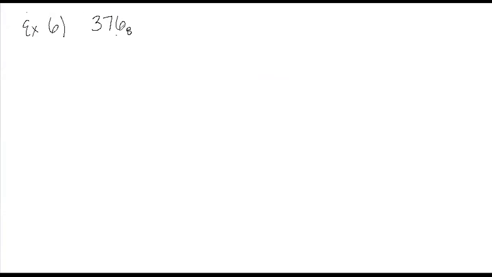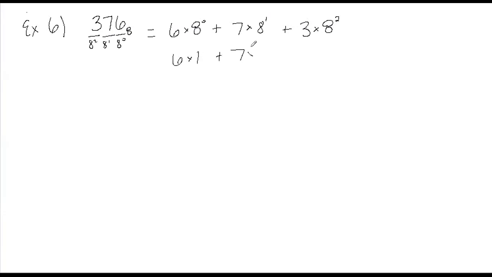So again, we're going to write 8 to the 0, 8 to the 1, 8 squared. So 6 times 8 to the 0 plus 7 times 8 to the first power plus 3 times 8 squared. Now we work our exponents, so 6 times 1 plus 7 times 8 plus 3 times 64.